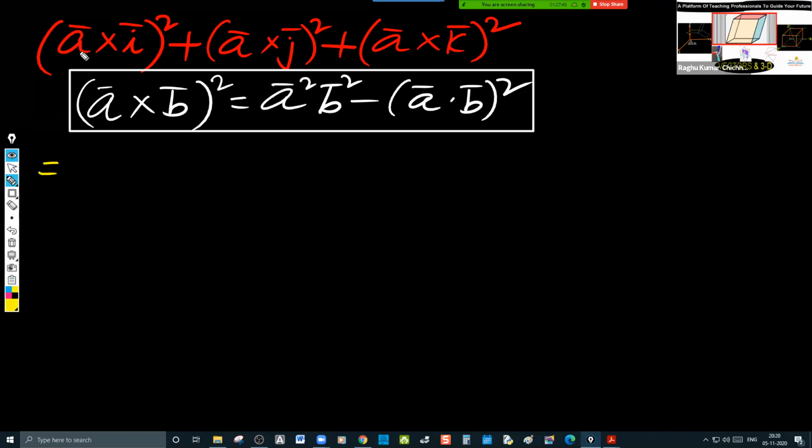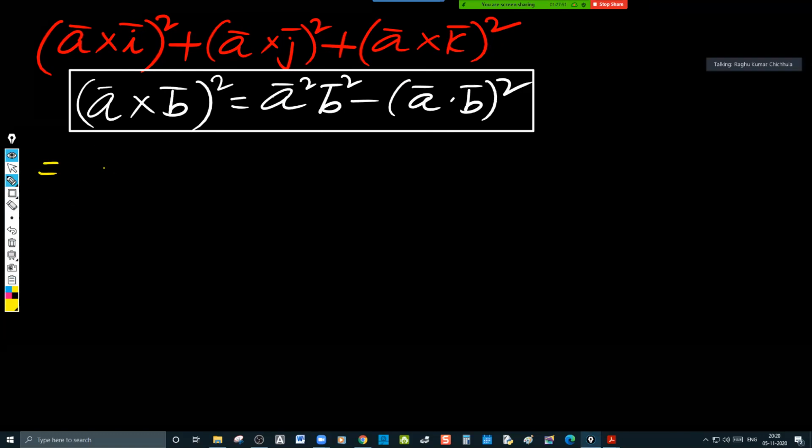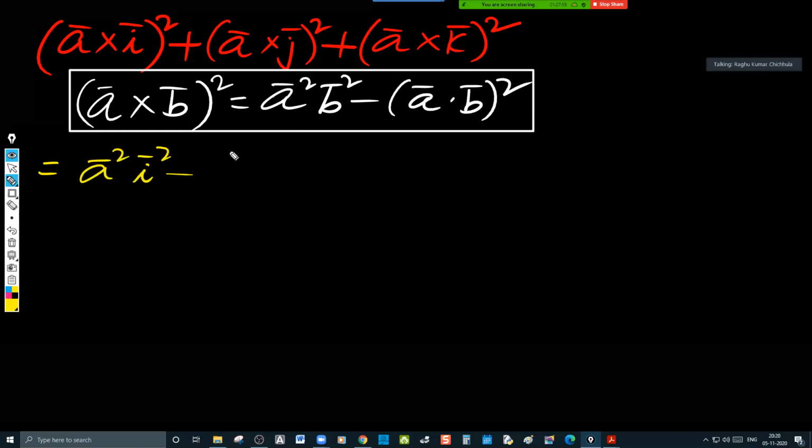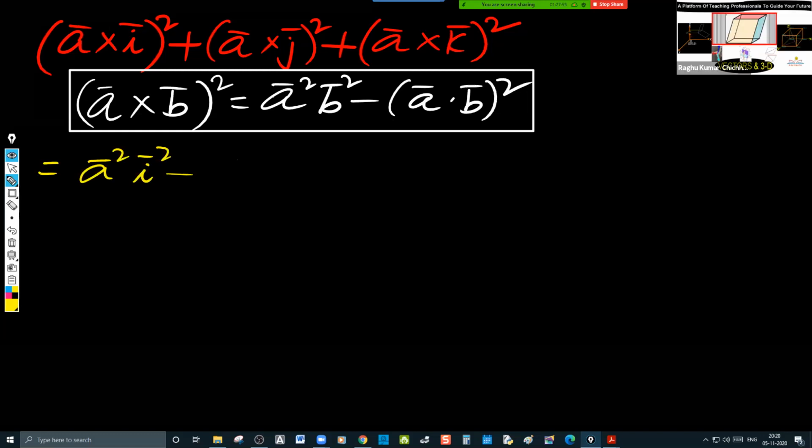For this one, in place of A bar, in place of B bar, I bar is there. Come on, tell me that. A bar square, I bar square. Very good. First of all, you split this.